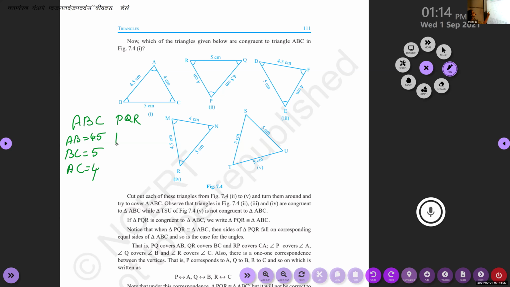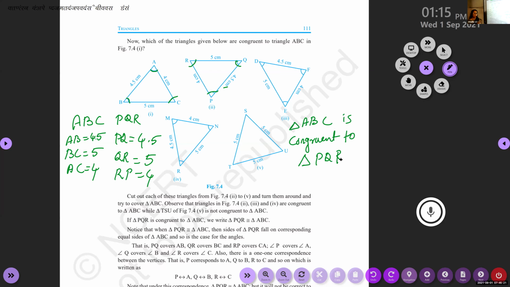And the angle measures shown are the same here also. So all angles are equal, and angles and sides are equal. So we can say triangle ABC is congruent to triangle PQR. If the corresponding angles and corresponding sides are equal, then we can say those two triangles are congruent triangles.